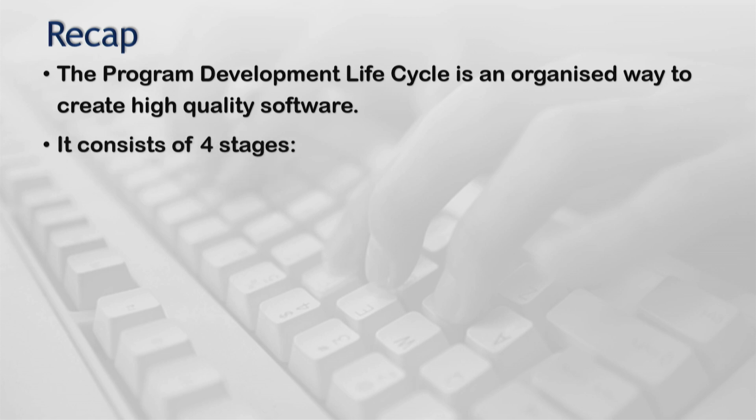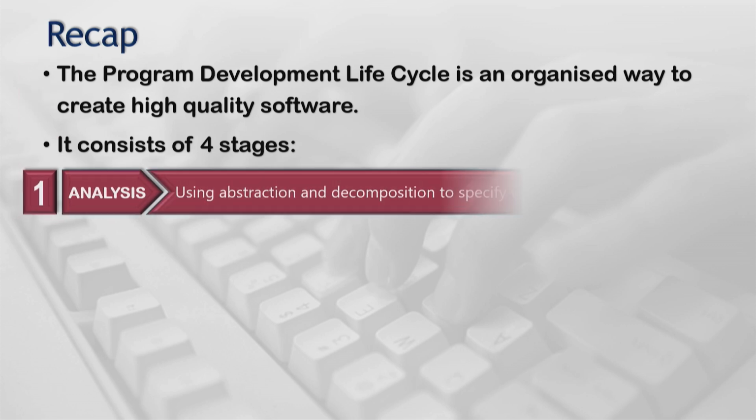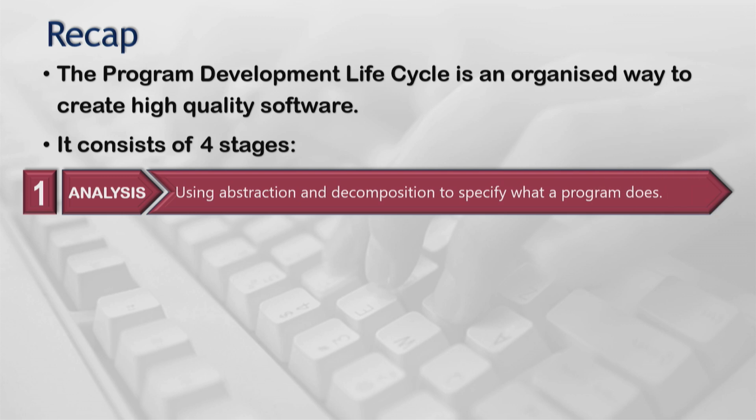It consists of 4 stages. Stage 1 is the analysis stage. Tools like abstraction and decomposition are used to specify what a program does.